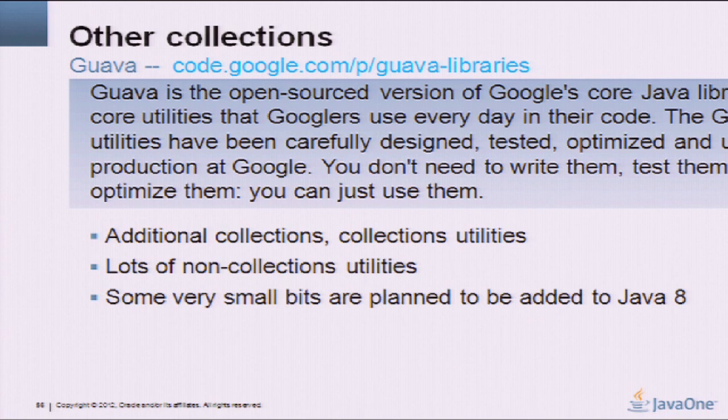There are a few things in Guava that we will in fact be bringing into Java 8, but it won't be any of the big collection types that they provide. There had been a proposal to add some of them, but so far we haven't found any that we absolutely needed to bring in. So what we'll be bringing in for Java 8 is mostly just very small utility functions that we think are useful.